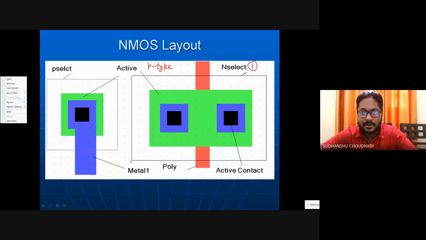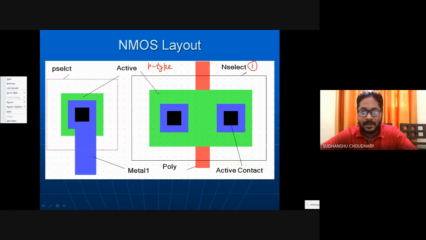This represents N select. This box also has some minimum design rule, that is, its width should have some minimum value, maybe 10 lambda or 20 lambda, which has to be followed. So first you draw N select, the region where you will define your MOSFET.